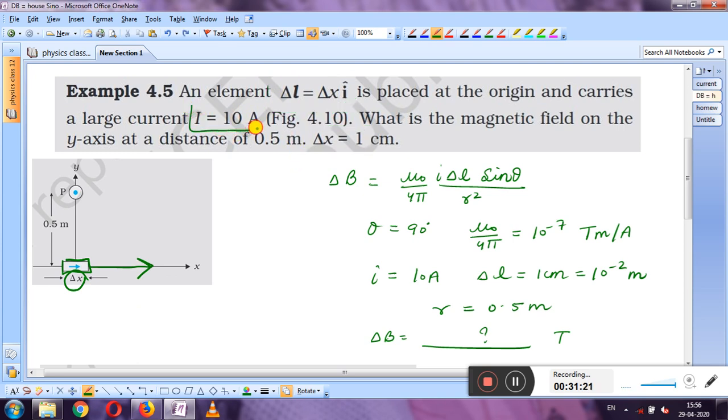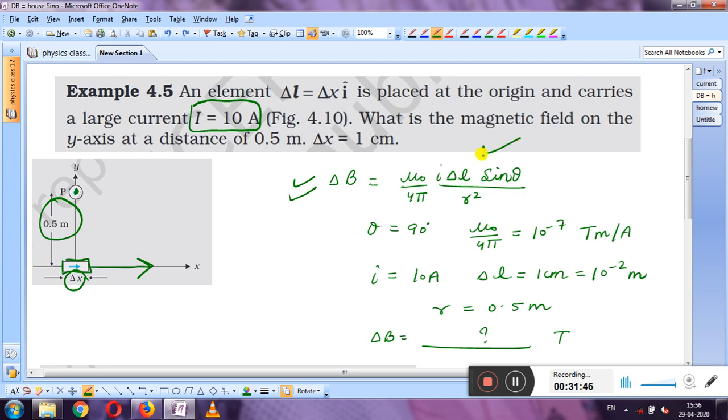Current flowing in it is 10 ampere, and at a distance of 0.5 meter on the y-axis, 0.5 meter away from the origin, we have to find the magnetic field. Because this is a current element, we can find the magnetic field due to it with the help of the Biot-Savart law. Let us apply the Biot-Savart law.